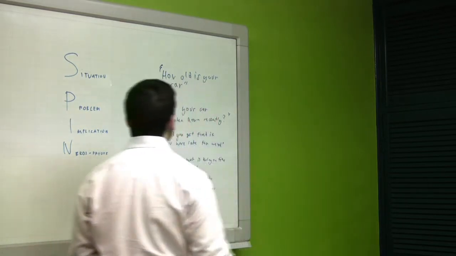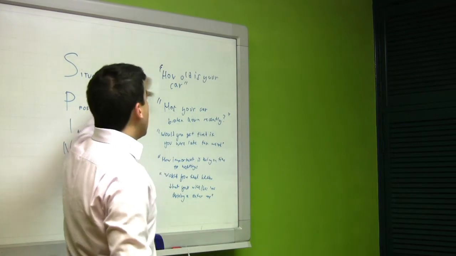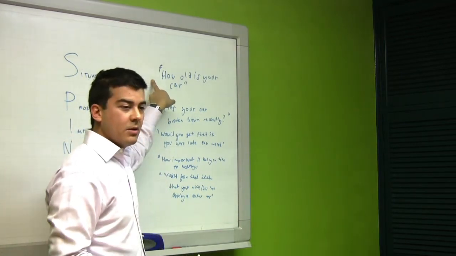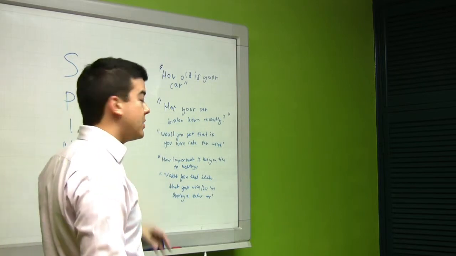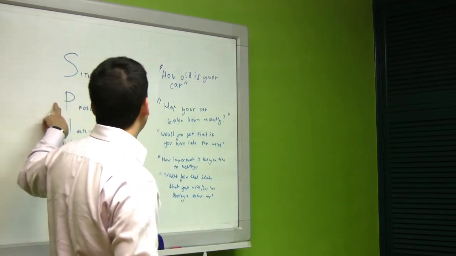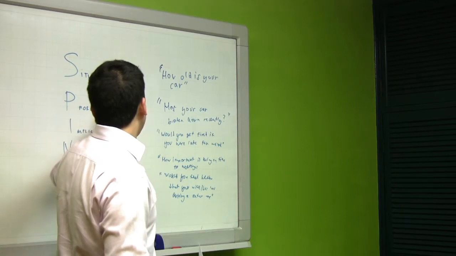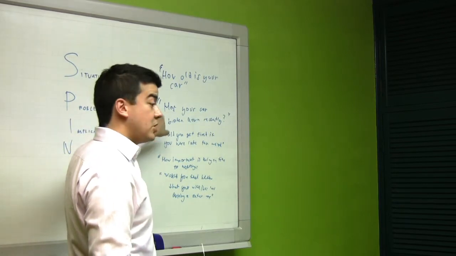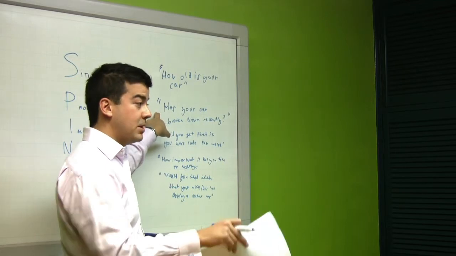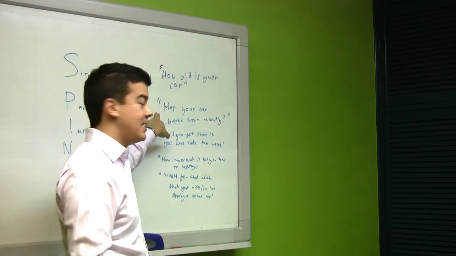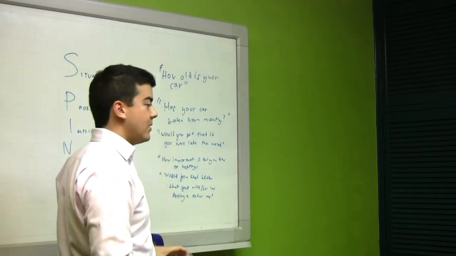Let me quickly go through that. Situation, how is your car? If they just bought it, well, this whole line of questioning is a waste of time, right? So you need the situation to get to that problem. When you ask a problem question, you're trying to uncover what? Their pain. Implied needs. Yeah, implied needs. Has your car broken down recently?